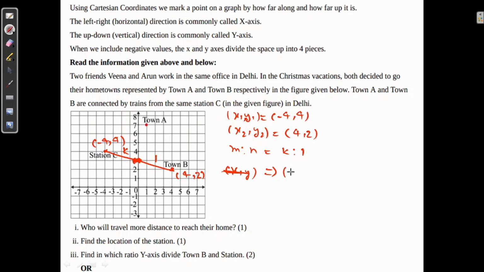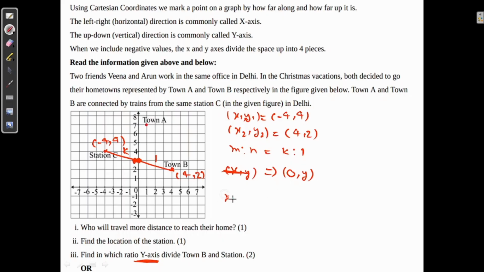So the point which is dividing the line is going to be 0 comma y. The value of x I am going to keep 0, because this point is lying on the y-axis, and the value of the x coordinate on the y-axis is always 0. So that is what I have done.